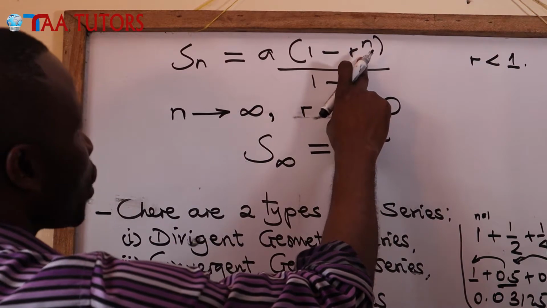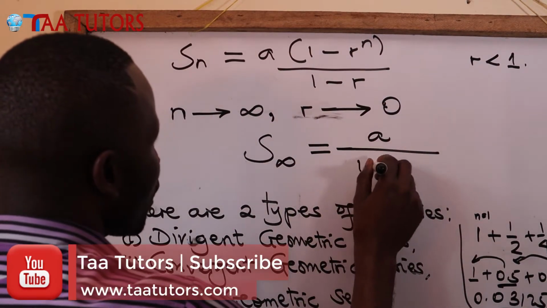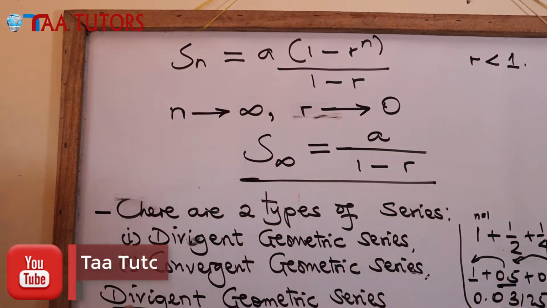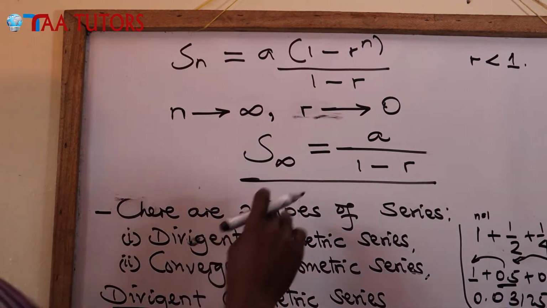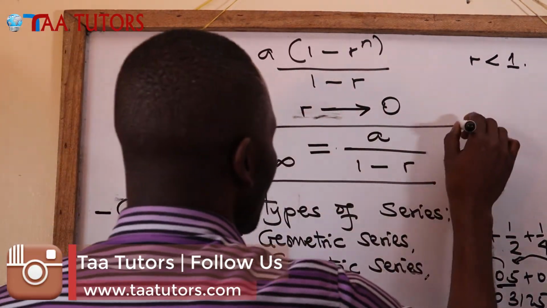So this is going to be the formula for our sum to infinity of the convergent geometric progression.